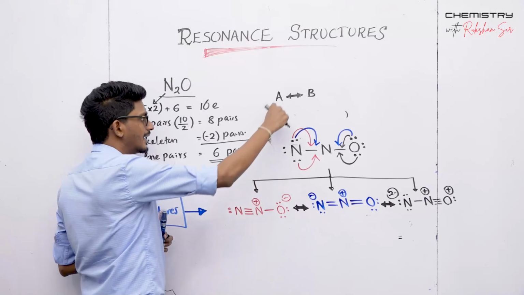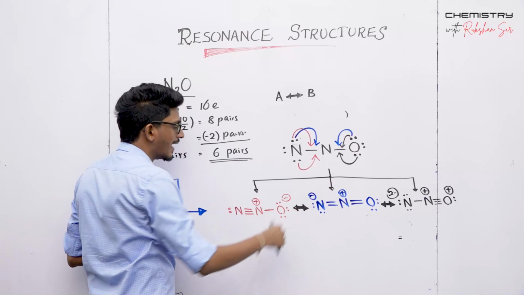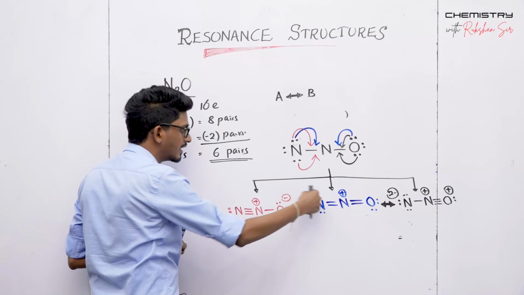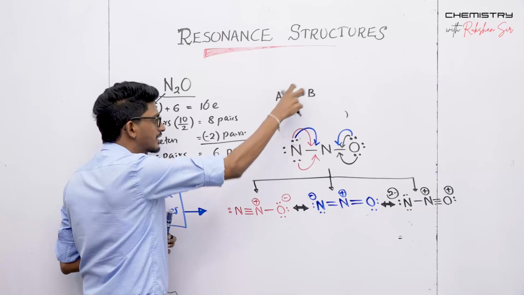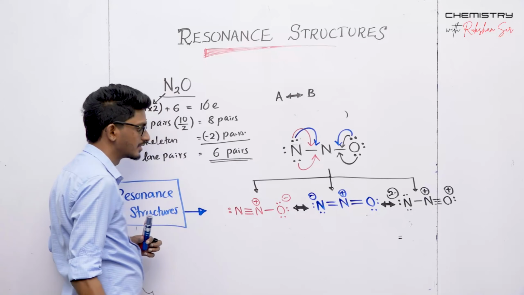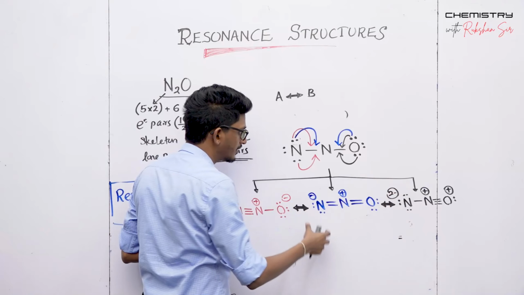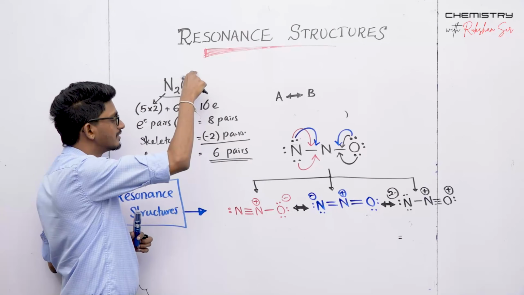That means A and B carry the same atomic skeleton. A and B are with the same net charge. The net charge of these molecules is equal to the charge here, the 0.